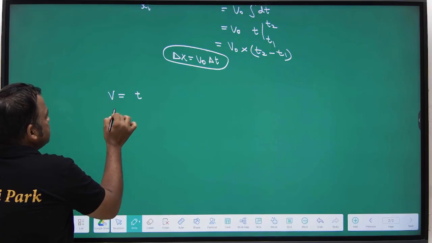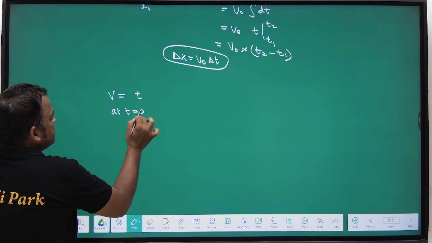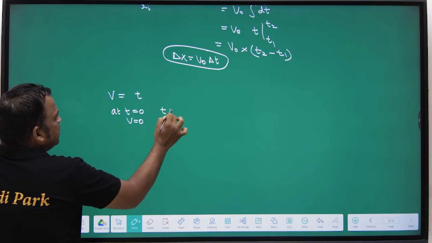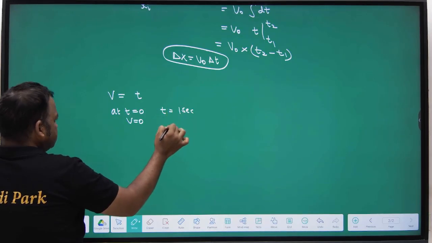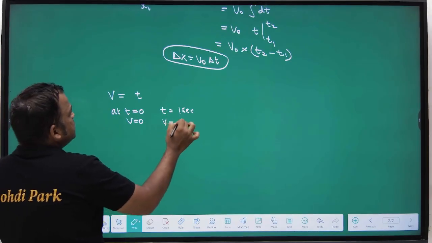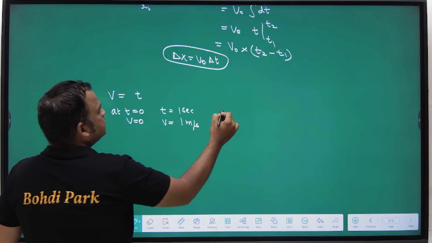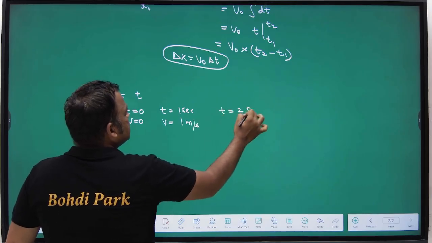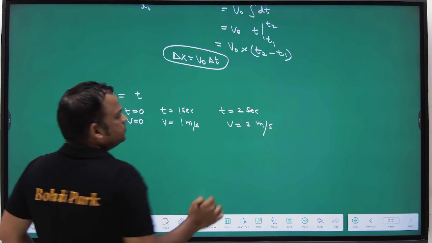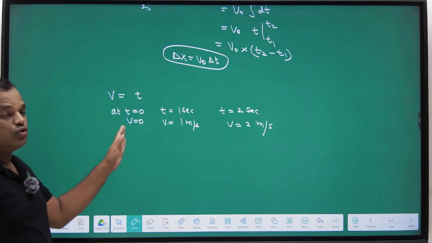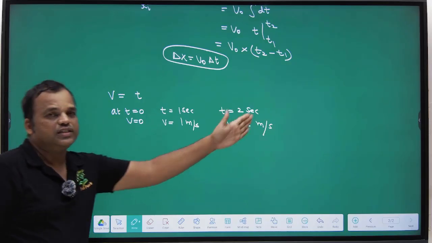So that means at t is equal to 0, velocity is 0. After some time, let's take 1 second, velocity will be 1 meter per second. At 2 second, velocity will be 2 meter per second. So velocity is not constant, it is changing.